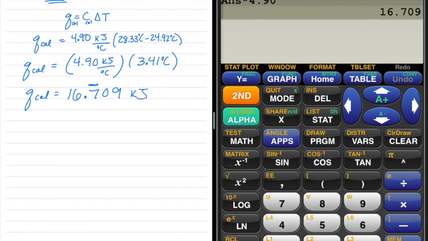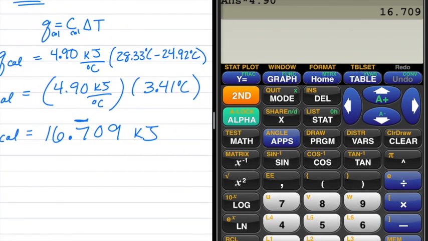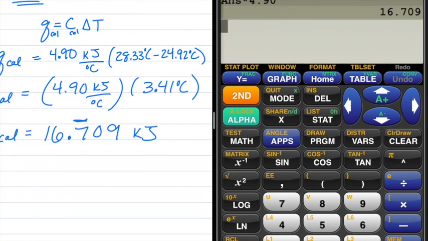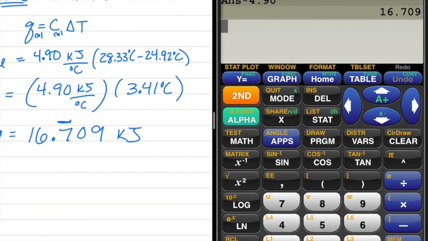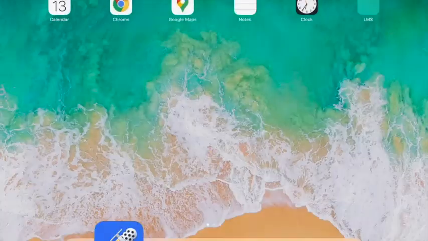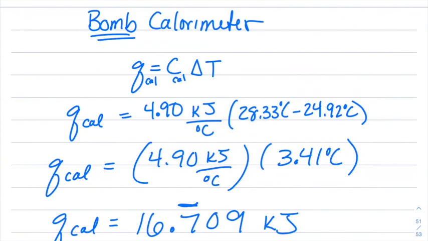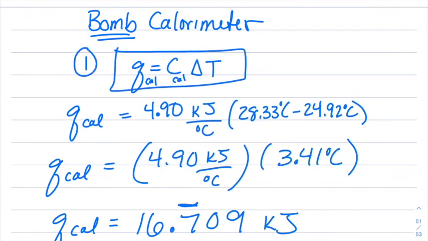All right, so questions on anything that I did here or any of my calculations? So in the problem, they give us 1.01 grams of sucrose. That's just unnecessary information right now. It's going to be coming up next, so let's take a look at what we're doing. Oops, sorry about that. All right, we've just used this right here, and this will be step number 1.